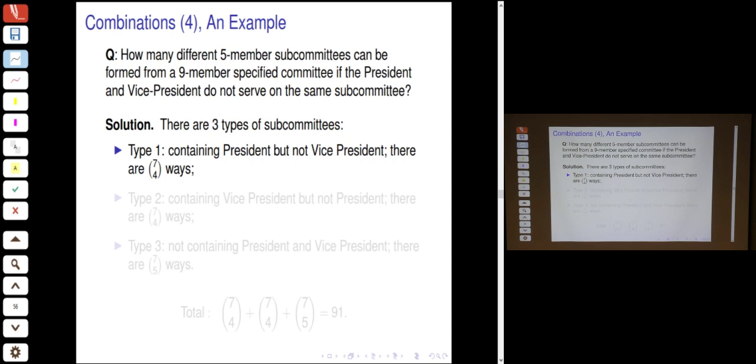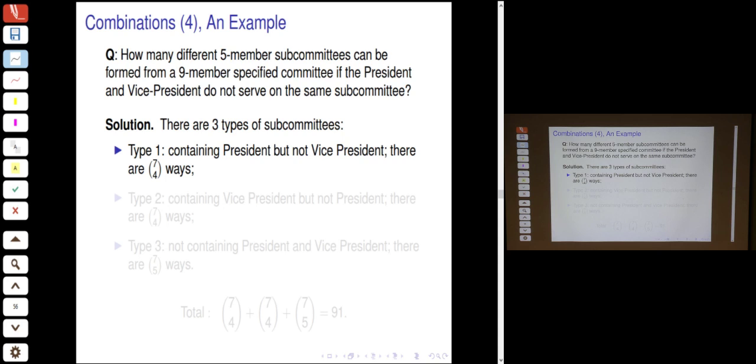Why 7? Because I treat the president and vice president differently, right? So they are outside my consideration. In other words, the committee already has a position taken by the president, and then the vice president is irrelevant because he cannot be chosen.